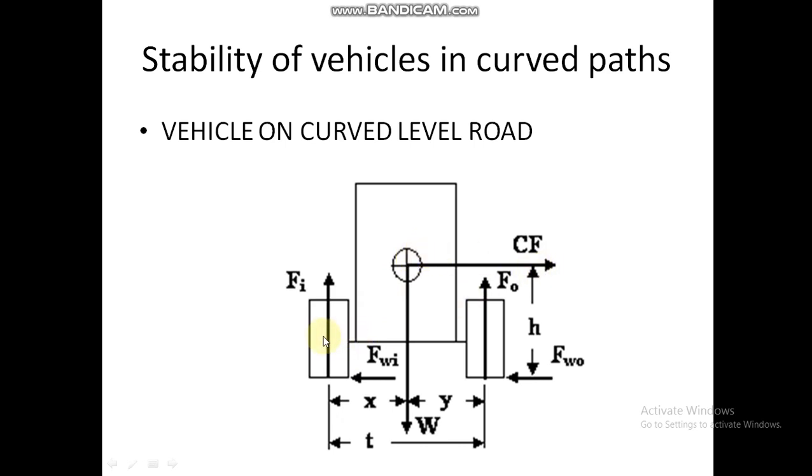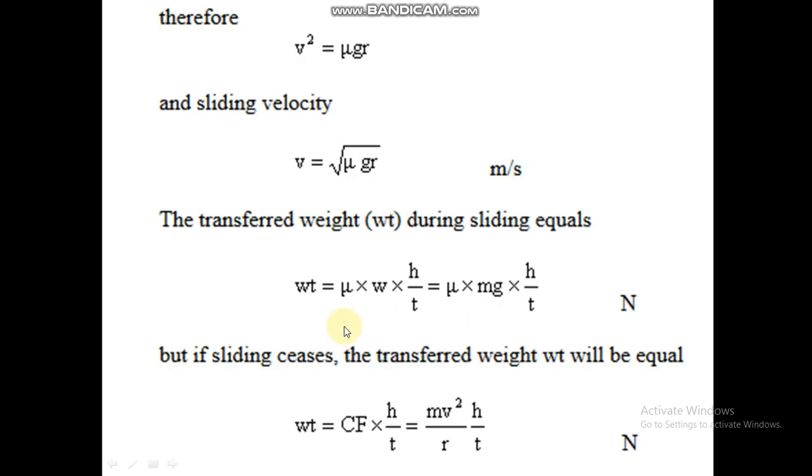The transfer of weight will be directly proportional to height h and inversely proportional to the wheel track. So the transfer weight formula will be mu W h upon T, where W is the weight of the vehicle and mu is the coefficient of friction. So mu mg h upon T will be the transfer weight during sliding.